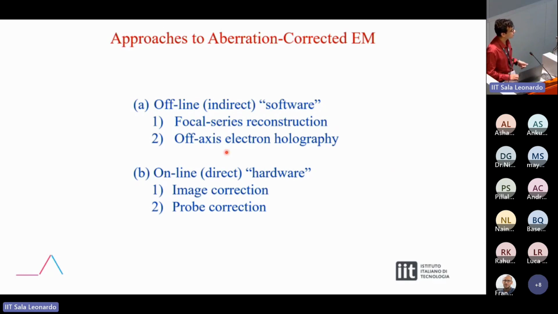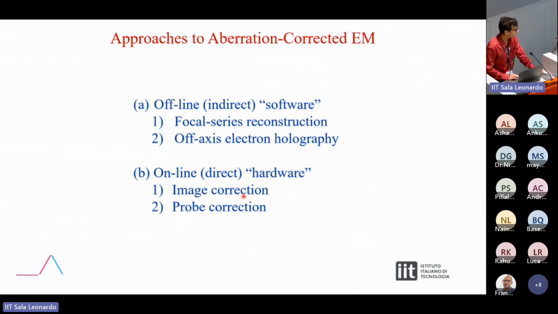One beam is passing through your sample, one beam is passing through the vacuum, and you bring those two beams together to interfere with each other, and then you correct for aberrations. You apply some phase plate kind of thing, and you have a high resolution image. And online, or the direct approach, they are hardware based.